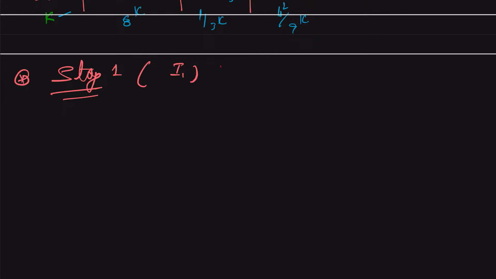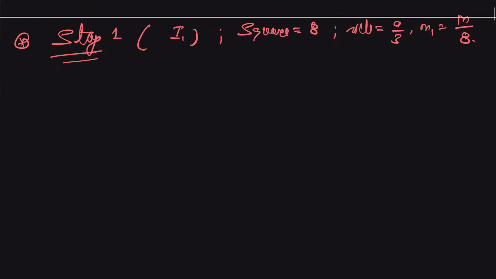For stage 1 the number of squares is 8 and the side is A by 3. Suppose the mass is M1, so M1 will be equal to total mass divided by 8, for one small square.